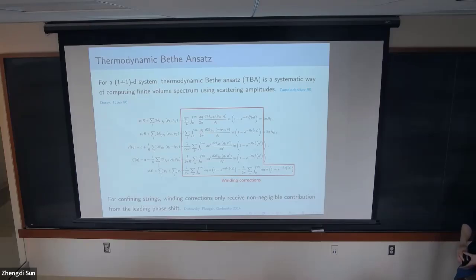But the point is that these equations are in general very hard to solve. And it becomes even harder in this case because we have massless excitations. But a good thing about confining strings is that it is shown that winding corrections only receive non-negligible contributions from the leading order phase shift, which was verified by Sergey, Victor, and someone else. So the winding corrections are the most complicated ingredients here, and in general lead to integral equations that are hard to solve.